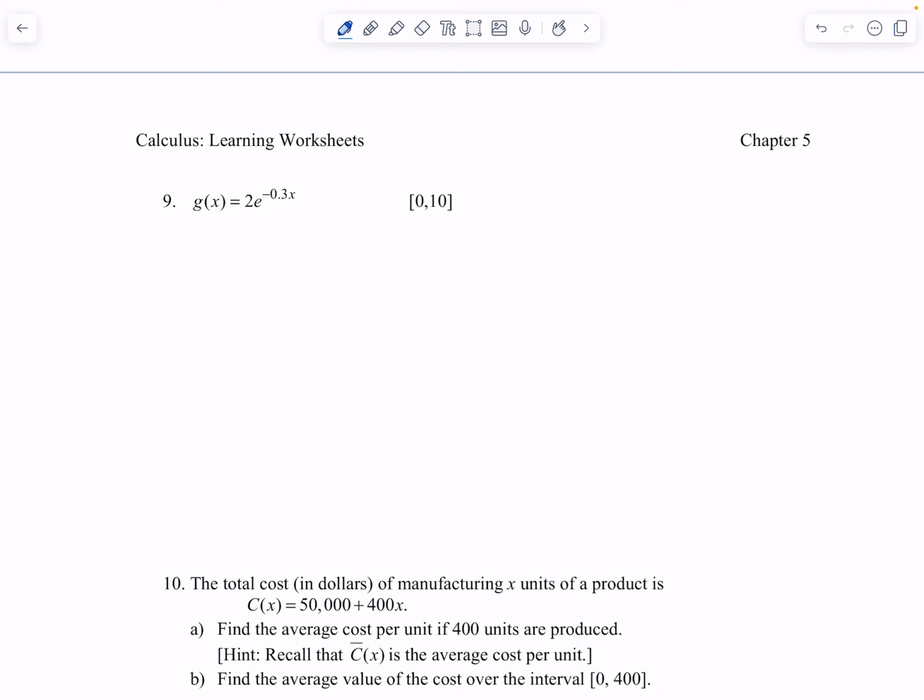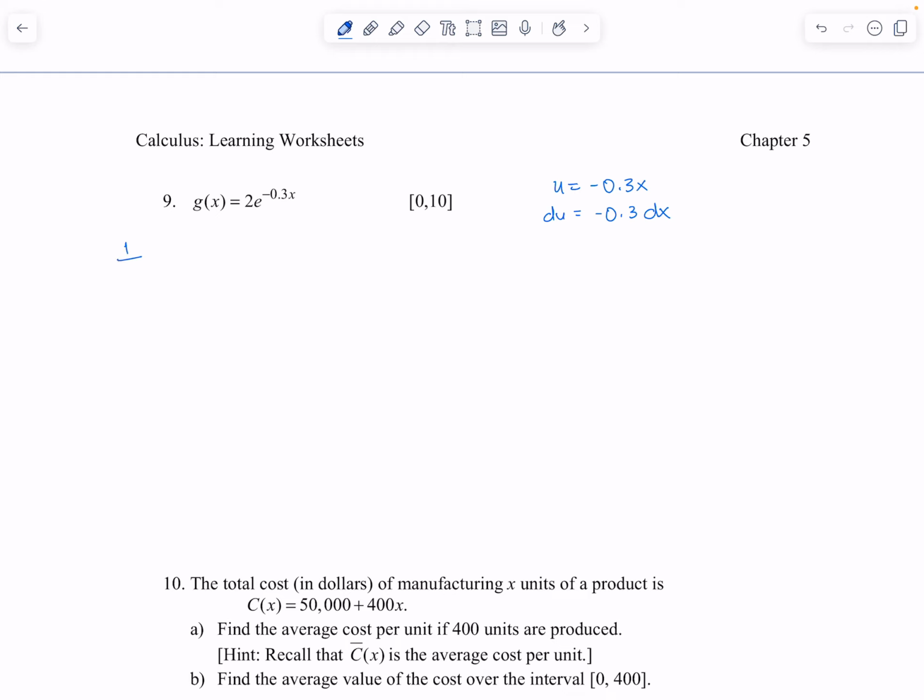g of x equals 2e to the negative 0.3x. Our interval is from 0 to 10. We'll solve this using substitution. Let u equal negative 0.3x and du equal negative 0.3 dx. So let's begin by rewriting in terms of u.